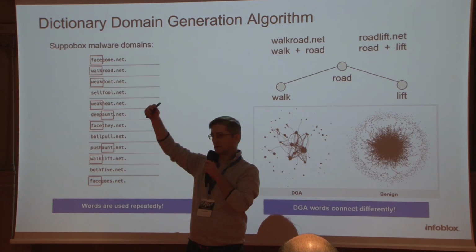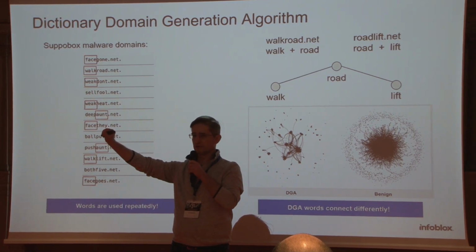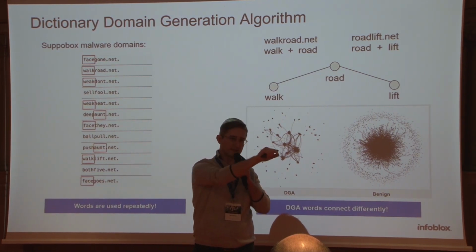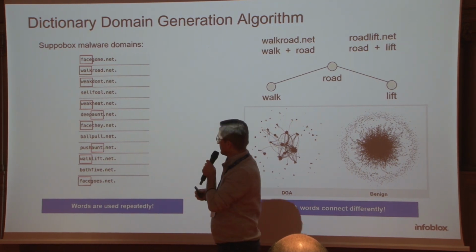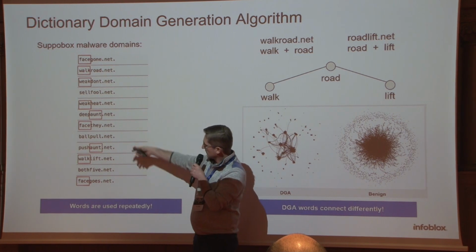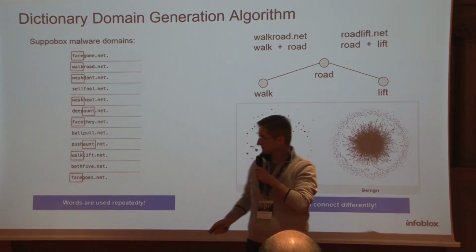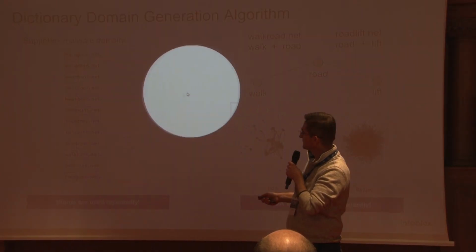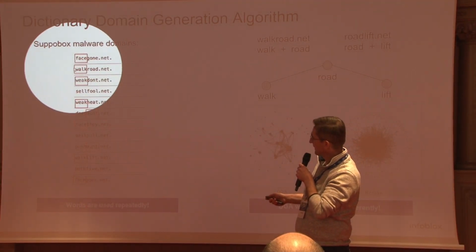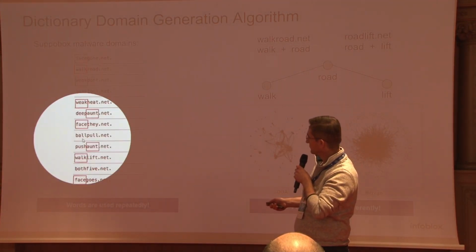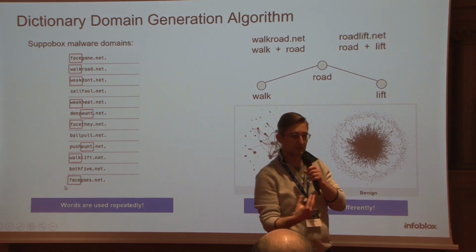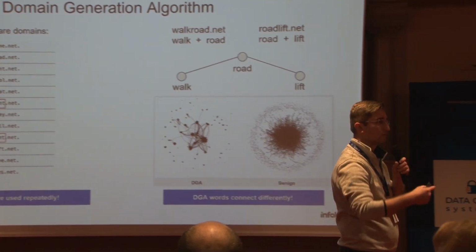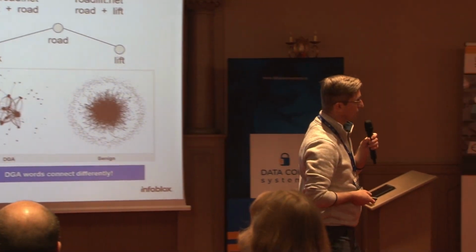He will randomly select one word from one dictionary, one word from the second dictionary, and combine them into a domain name, right? So then these domain names will look like here for example, where you can notice that some words, such as face, are noted here, here, and here. That's because it was taken from the dictionary for generating the domain name. So they will be repeating these words.